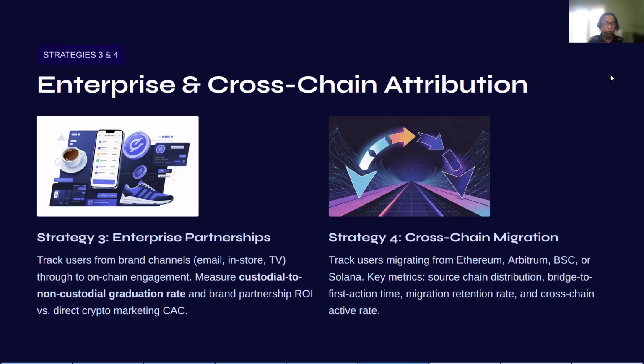That is a good way to measure whether your marketing campaign is successful. If they are coming from Binance, then you can understand that this particular customer moved from Binance to Polygon, or from Solana to Polygon.